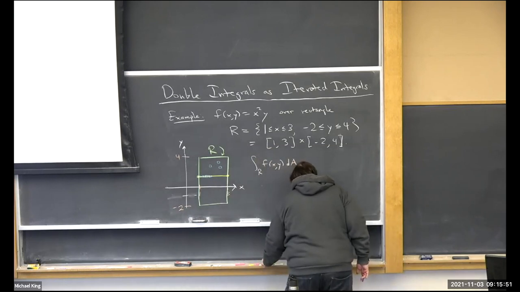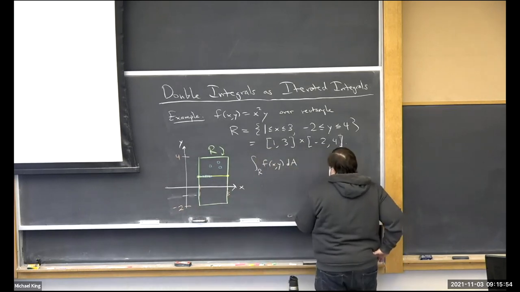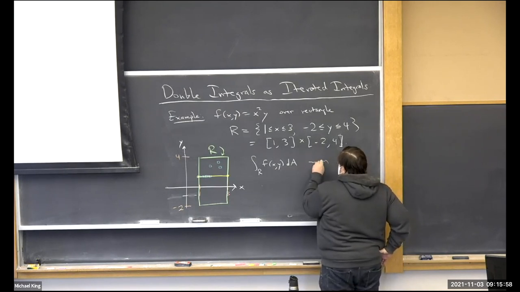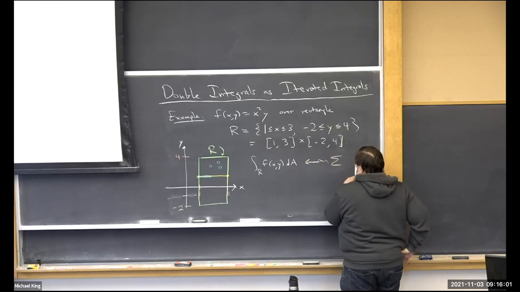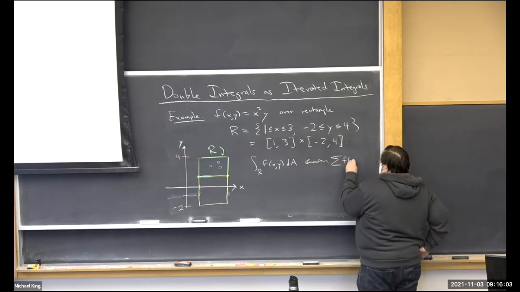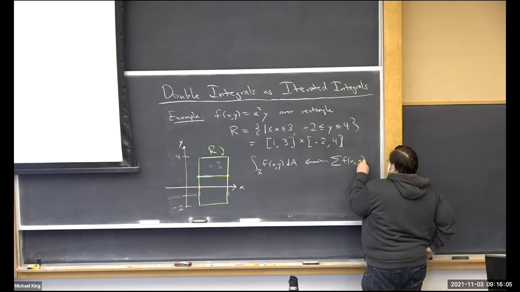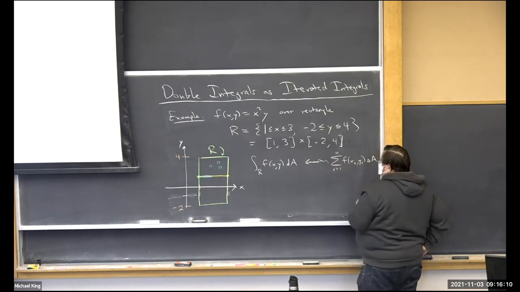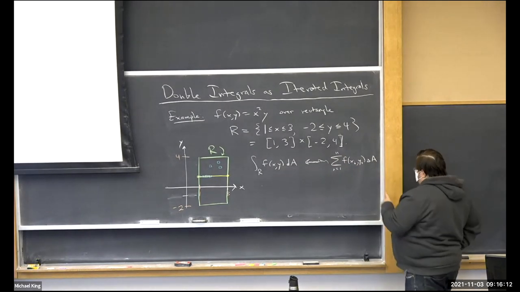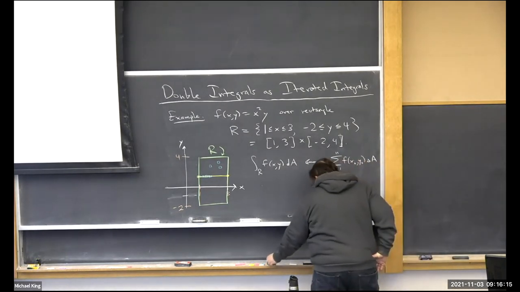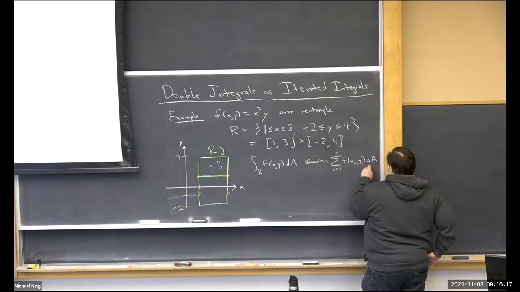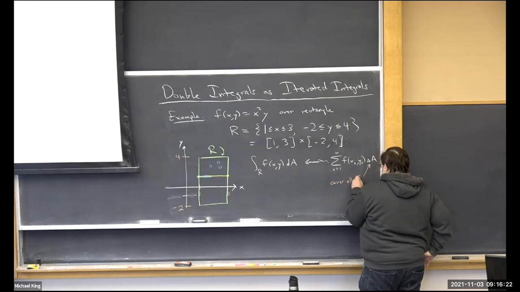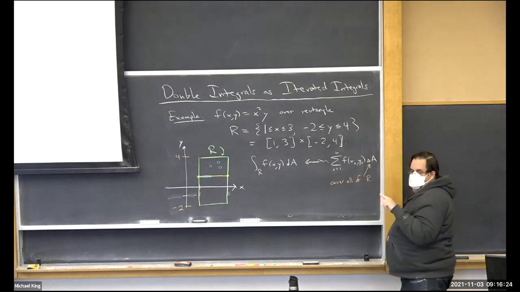And we want to add this up. If you imagine this coming from a Riemann sum, the sum of f of x_i, y_i, delta A_i, we want these delta A's to cover all of R. Just like we cover an entire interval with delta x's when we do single integrals.